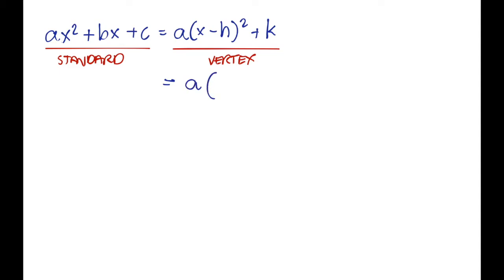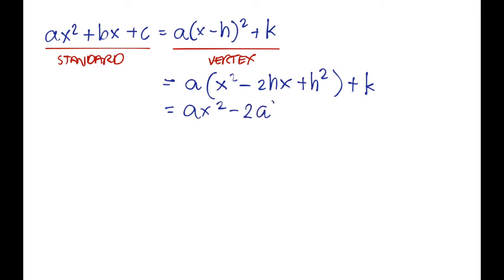Then we can write it as x squared minus 2hx plus h squared, and we are going to add the k here, and then distribute a inside, so we have ax squared minus 2ahx plus ah squared plus k.